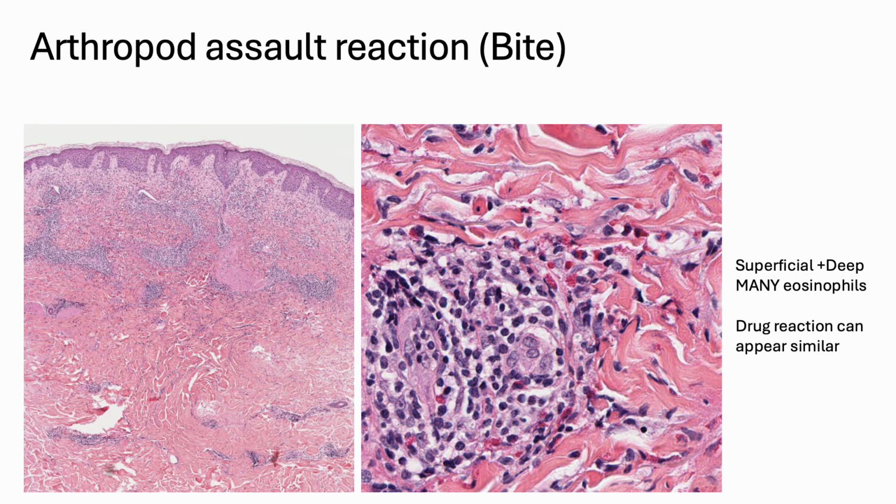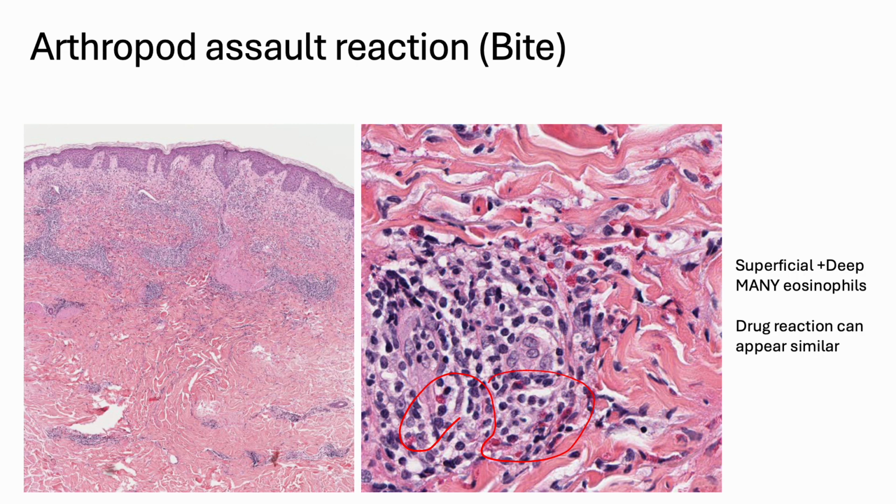And the next disorder can also give you a pattern of superficial plus deep, which is the arthropod assault reaction. Assault reaction is more accurate than bite reaction because some arthropods don't bite, they sting. That is what some people told me. So histologically, you can see the perivascular superficial plus deep infiltrate plus abundant eosinophils.